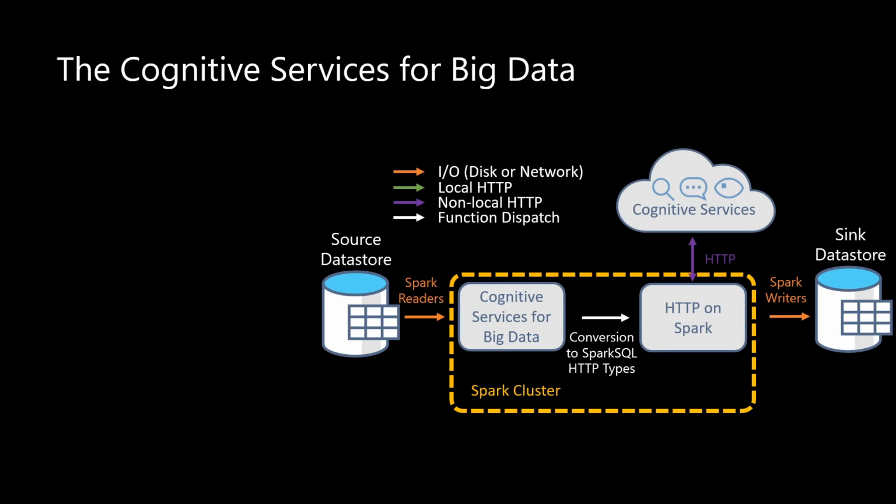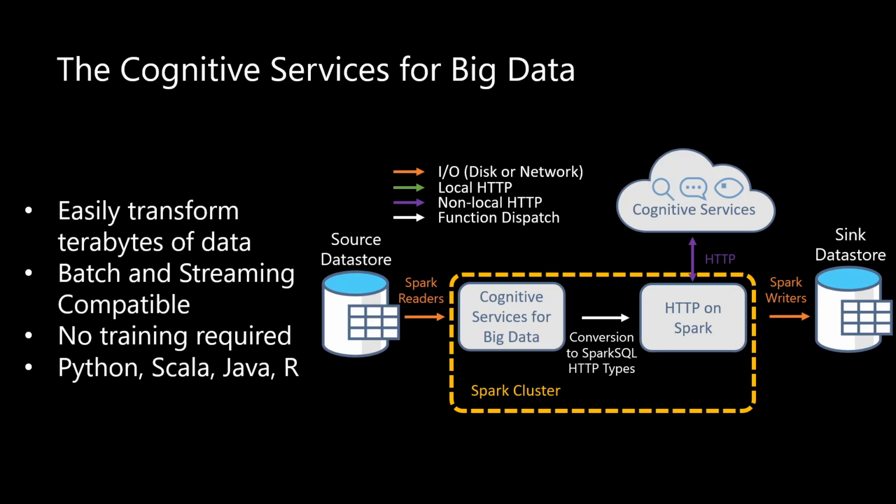So the key idea is that with this architecture of HTTP on Spark, we add another layer which allows you to call all the different Microsoft intelligence services. And this is what we call the cognitive services for big data. So the basic architecture is that we create SparkML transformers that are able to take your data and coerce it down to the HTTP structure, send it off to the cognitive services, and then coerce it back to the structure that you care about.